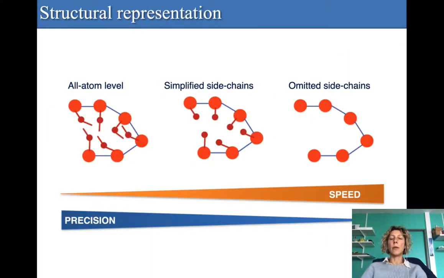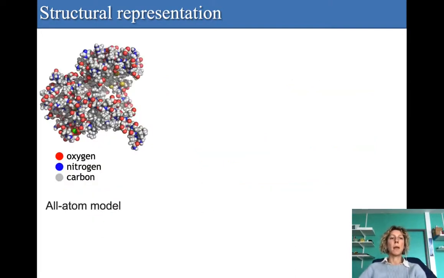So, what do we have as choices for representation? We can represent all the atoms, that's on the left, or simplified sidechains, or omitted sidechains, just the C alpha. So of course, when we go from the left to the right, we increase the speed, but we decrease the precision. So this is an all-atom model with all the atoms represented as spheres and colored according to their elements.